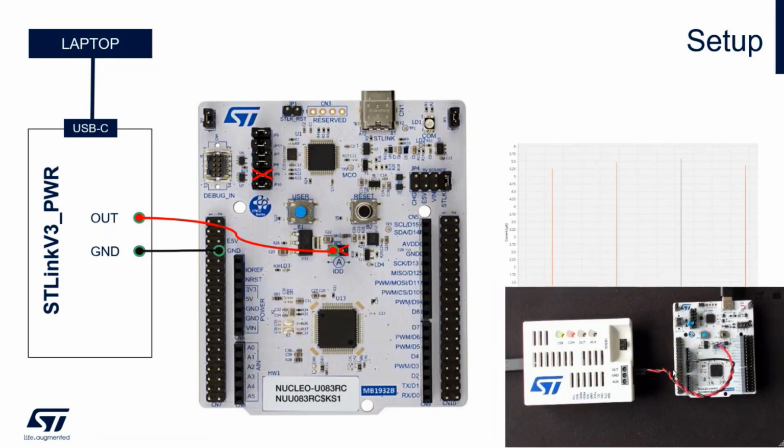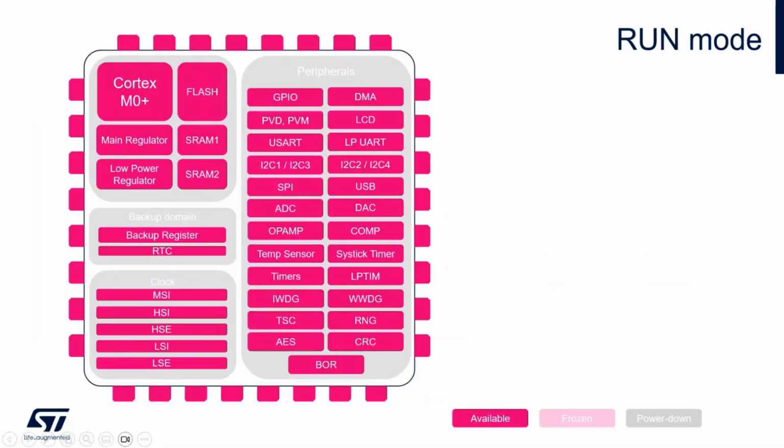I put on the slide, for each low power mode, a recap of what is available for your application, depending on the low power mode you are in. In run mode, all peripherals and all clocks are available on the MCU, so it's not very interesting for this workshop. I'll go quickly through some modes, because you can find the details on the slide after the presentation.